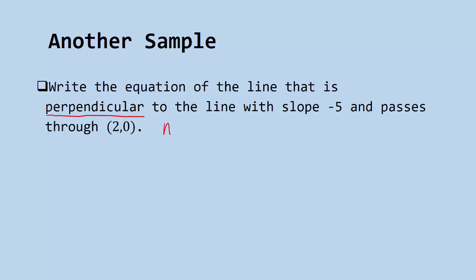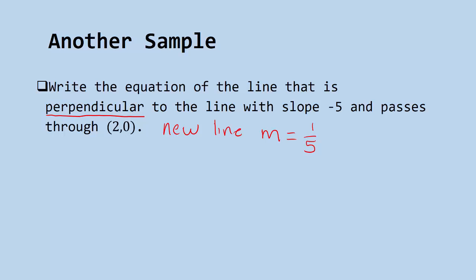My new line is perpendicular to the old one, so the new line has to have a slope that is the opposite reciprocal of negative 5, or a number that when multiplied by negative 5 would give me negative 1. So the reciprocal of 5 is 1/5, and the opposite of a negative number is a positive number. So my slope of my new line is 1/5. It passes through the point 2, 0. So this is an x-intercept, not a y-intercept.